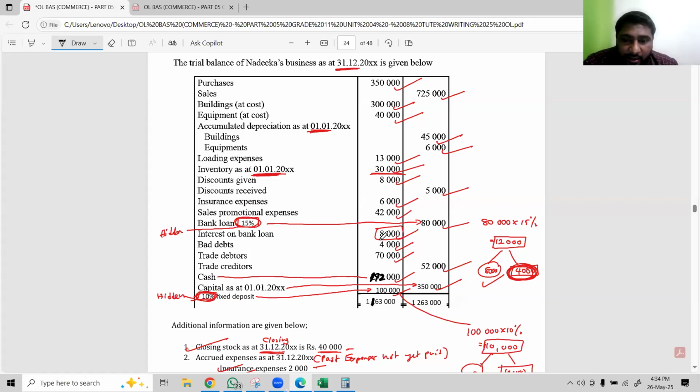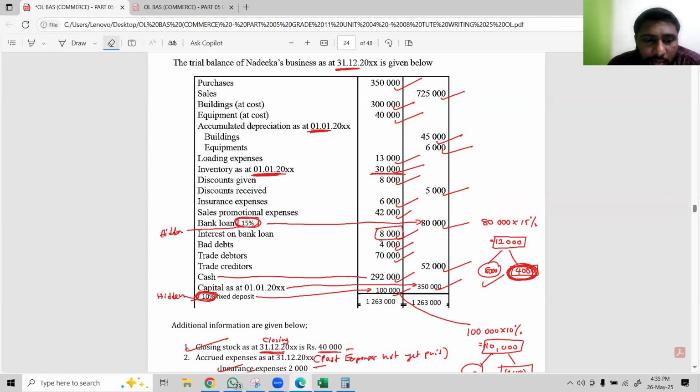Credit side total, let's take 725 plus 45 plus 6 plus 5 plus 80 plus 50 plus 126. No, if we read this 292, it's coming up to 1263.